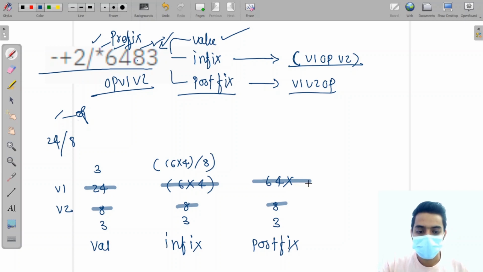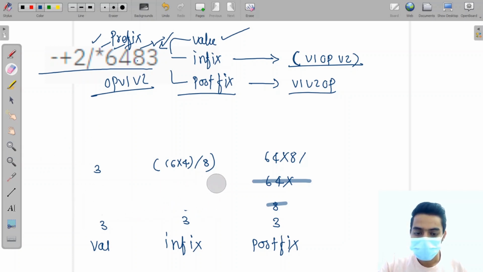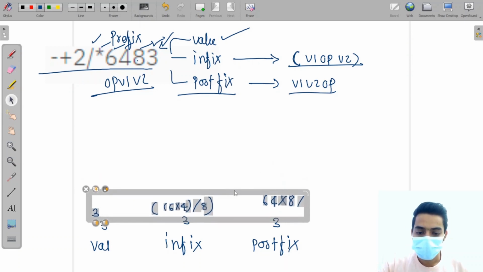After that, bracket complete. Now postfix: value 1, value 2, operator. So value 1 will be 6 4 multiplication, value 2 will be 8, after that the operator, divide. Let's erase this and push this 3 into this stack.